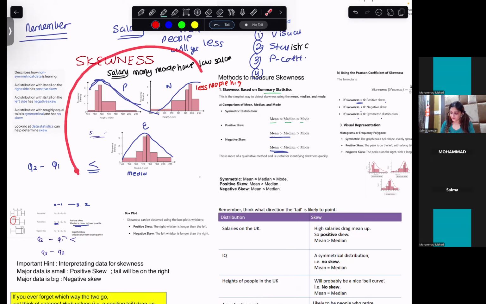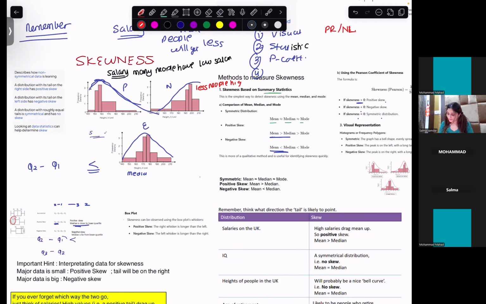This is the visual way of representing skewness. In positive skew, the tail will be towards the right side. In negative skew, it will be on the left side.